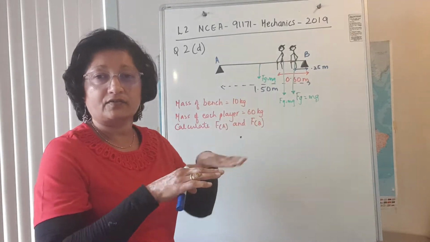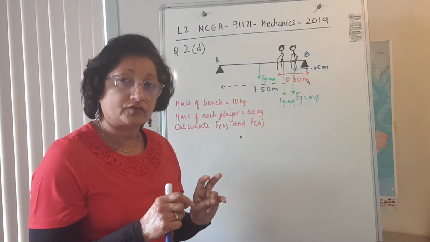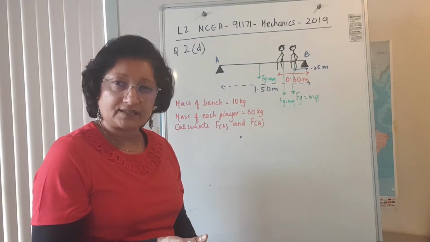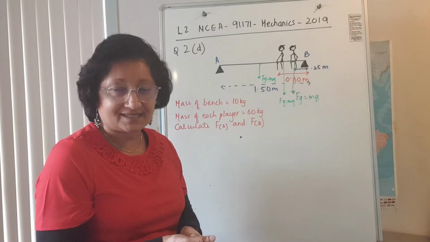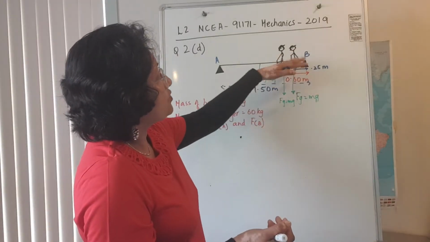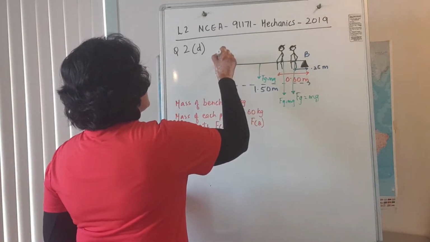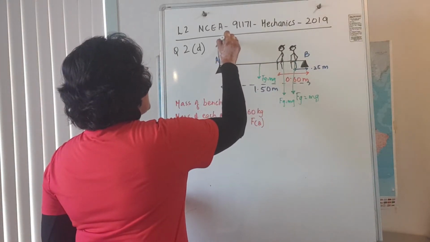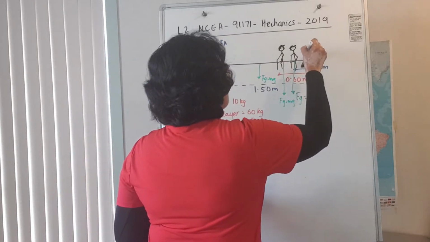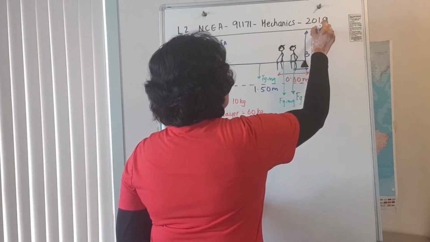What's resting on the ground are the supports, and there are two of those supports. The sizes of these are not necessarily going to be the same because there are more forces acting downwards on this side. So this is Fa, and that would be Fb.